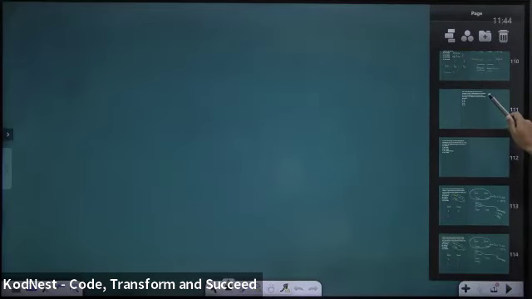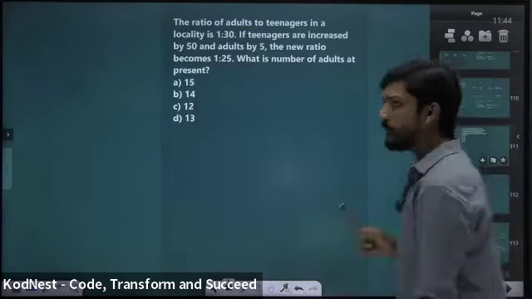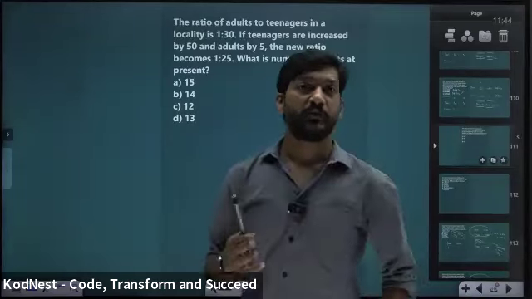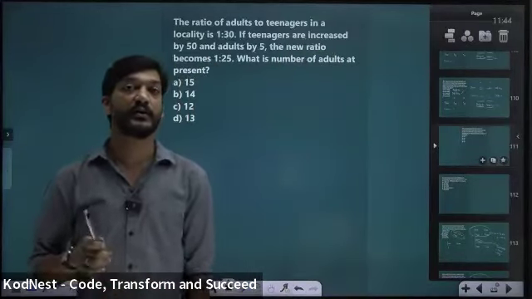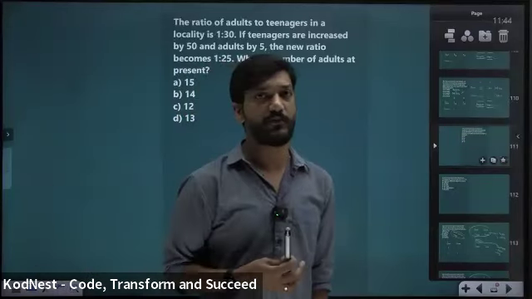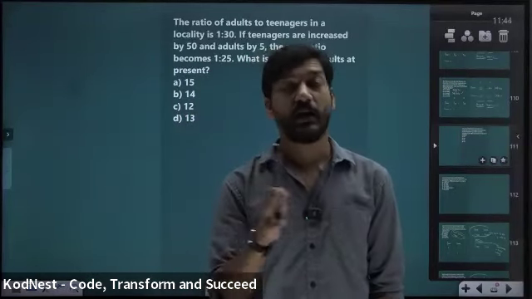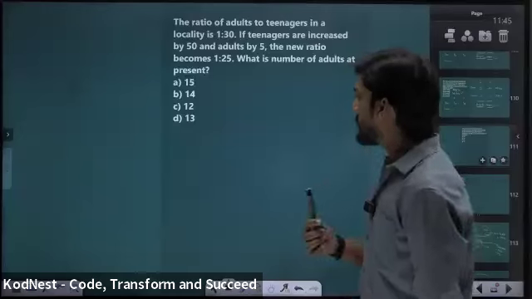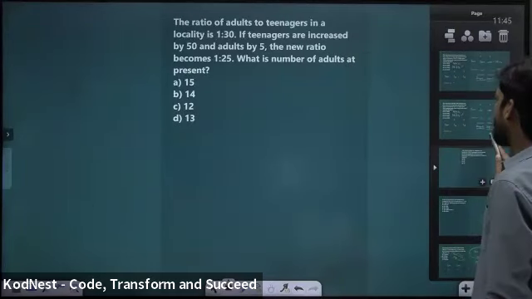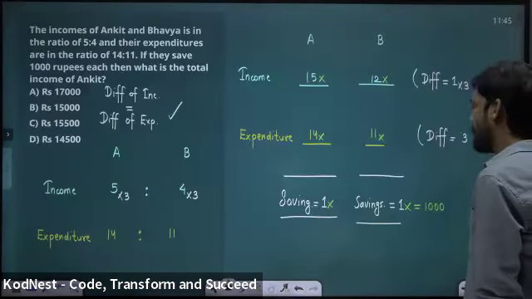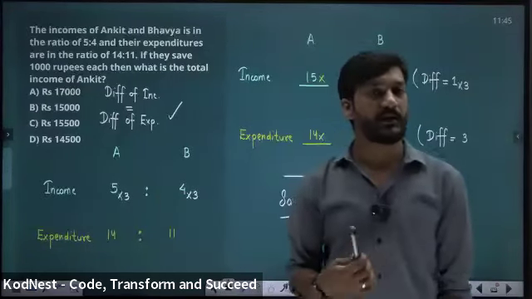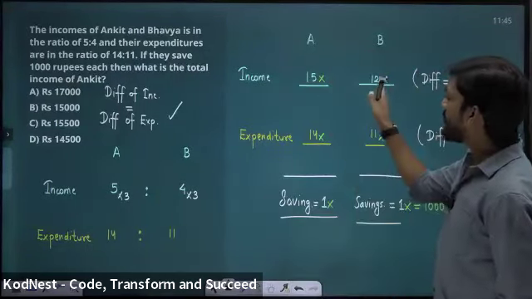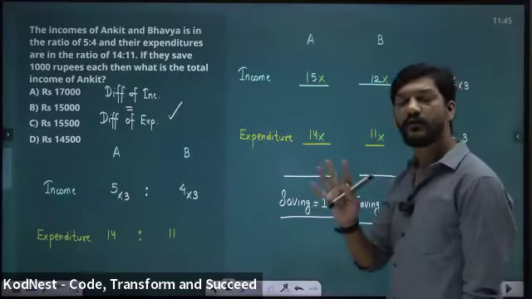Two questions were there. Until now, whenever two ratios are there, we have to see the conditions. The question will not tell the condition. You have to analyze the situation and see for yourself whether there is something which is constant. For example, if savings are equal, then the difference of income and the difference of expenditure will be constant.